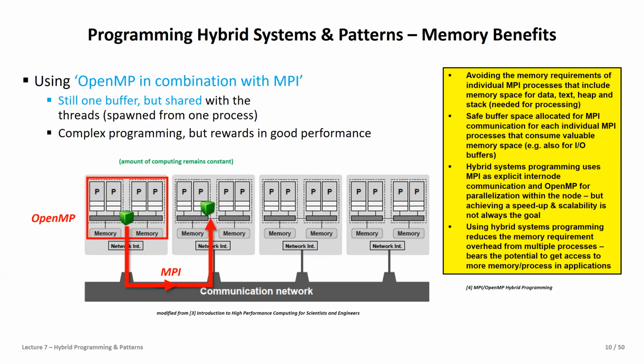So there is a trade-off: you spend a lot of debugging and programming on a hybrid code, but in the end it gives you almost no big improvement in performance.